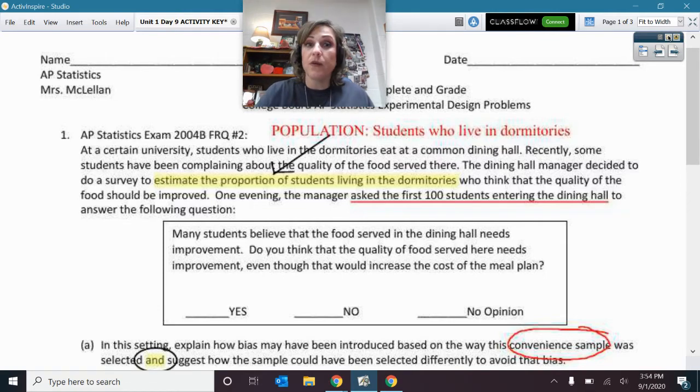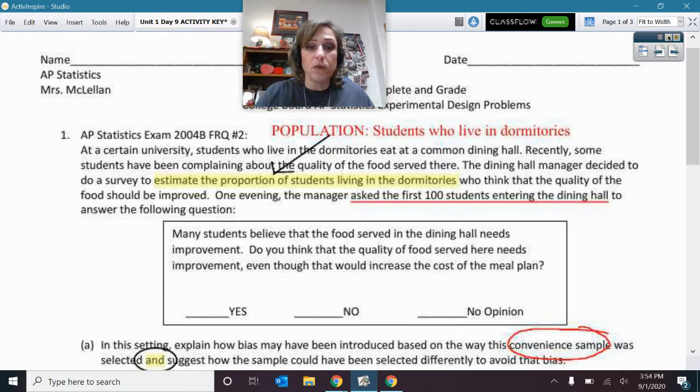So, right there, we should have some issues with that. They ask the students entering the dining hall, and I have it there underlined in red. The students entering the dining hall, especially, he's about to ask them about the quality of the food served there. So that's an issue. That's a big deal.